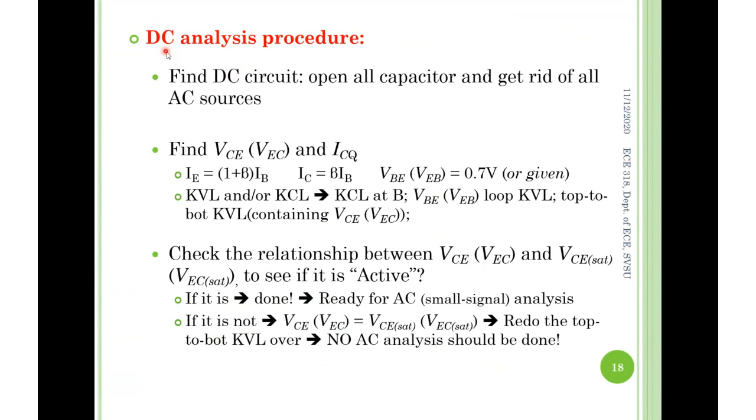So, DC analysis procedure. I think we don't need to emphasize the concept of the DC circuit anymore because we have been quite familiar with it.